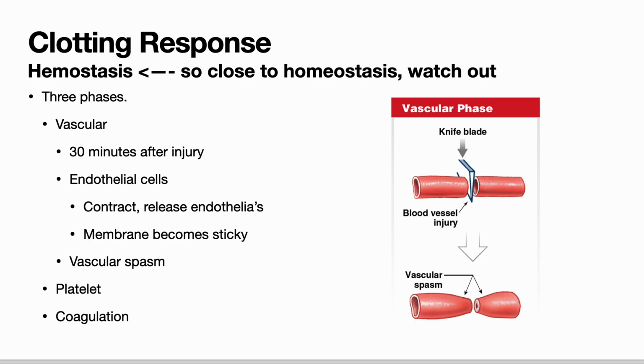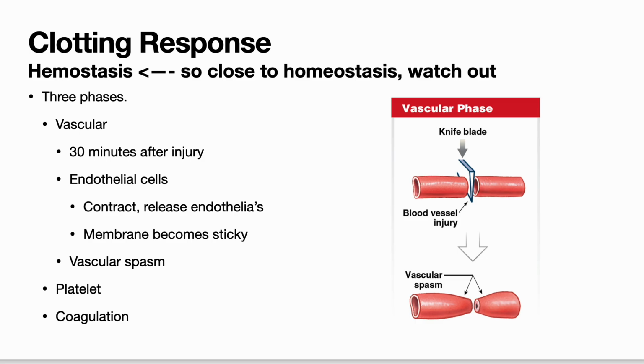So that first phase is the vascular phase. We're talking within 30 minutes after injury. We've got lots of important events happening during this phase. We are going to have endothelial cells contracting. They may even expose the underlying basement membrane to the bloodstream, and those endothelial cells will begin releasing chemical factors and local hormones.